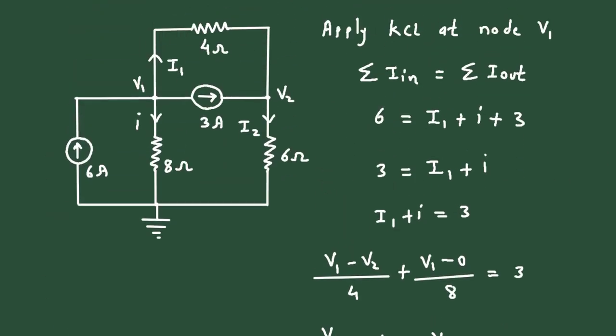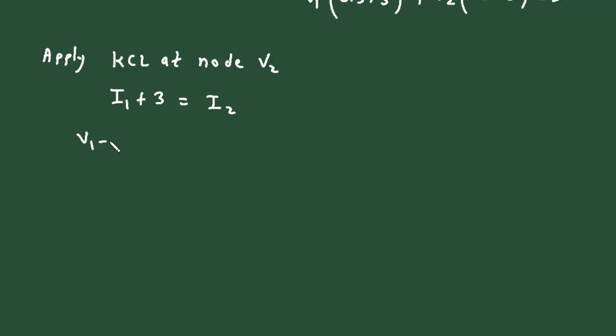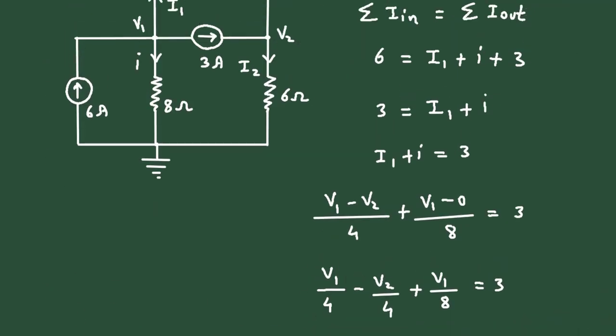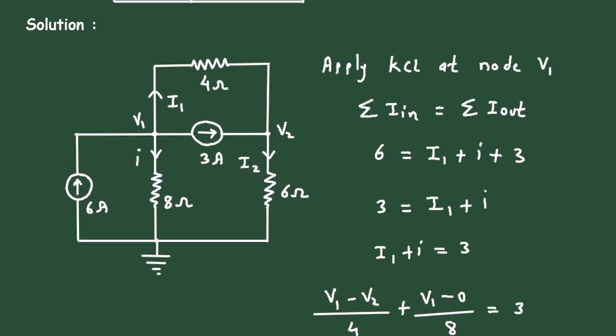Now this I1 in voltage form will be (V1 minus V2) divided by 4, then plus 3 is equal to I2.